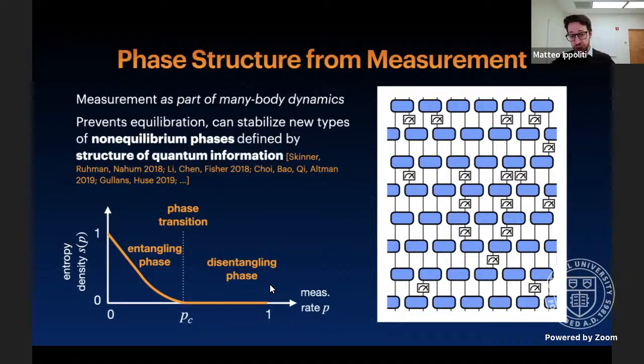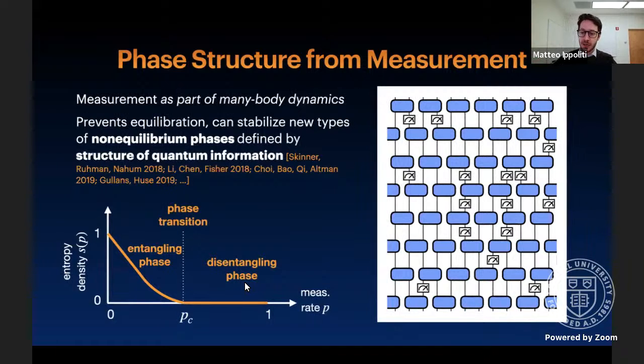As a function of that, we can have sharply different phases in the structure of entanglement of these late-time states that we prepare. So in particular, if the measurement rate exceeds this threshold pc, which is some number between 0 and 1 that we can in principle compute, then we have a so-called disentangling phase.